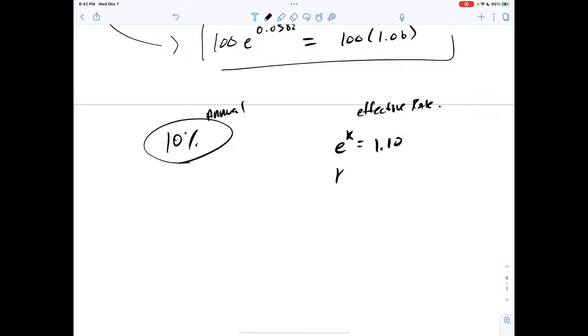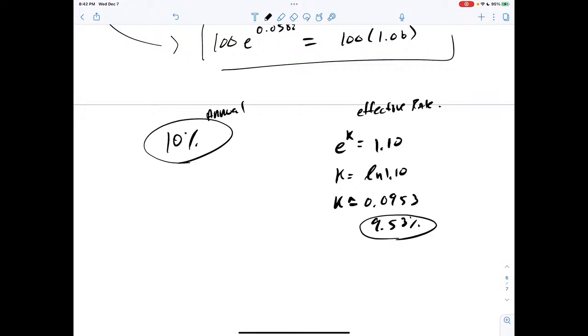Then if you solve this, you get k is the ln of 1.10. If you take the ln of 1.10, I get 0.0953. So that's equivalent to 9.53%. Is that starting to make sense?